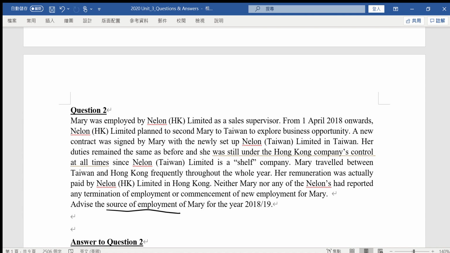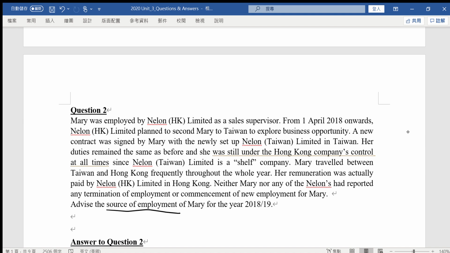Okay, for the formal way to determine the source of employment, you should refer to DIPN 10 and also the COVID case. According to DIPN 10, there are 3 factors, right? And that's why you need to mention the 3 factors.